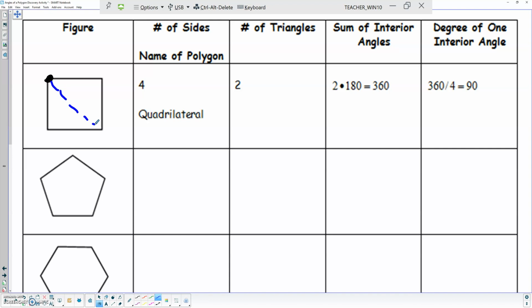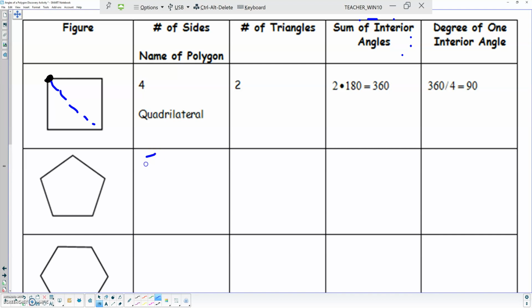The number of triangles formed is 2. So 180 degrees in a triangle, multiplied by 2, gives 360 degrees. That's the sum of the interior angles. If I take that sum and divide it by the number of angles, since there's 4 of them, every angle measures 90. All right, let's go to the next example.